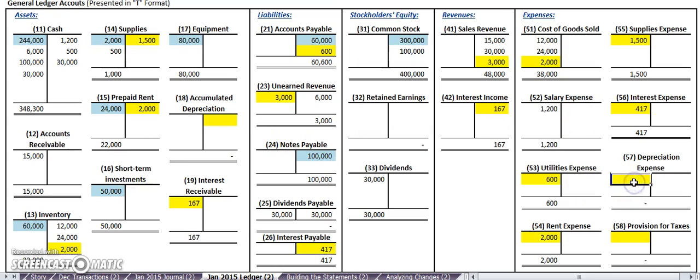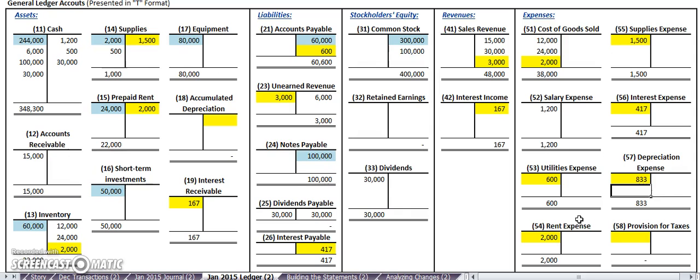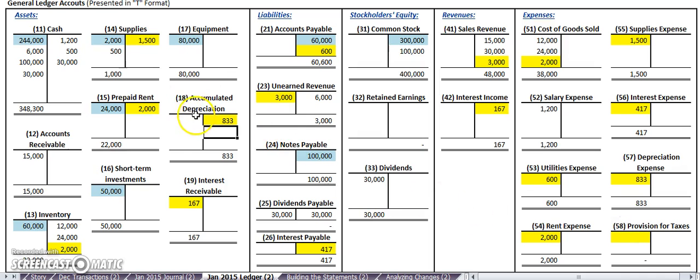The expense we book here is $833, and then accumulated depreciation is a reduction in the value of equipment. But as you can see, we put it in its own account. Now, when we present it, we could present these two together. So 80,000 minus 833 is going to be the net book value of the equipment.